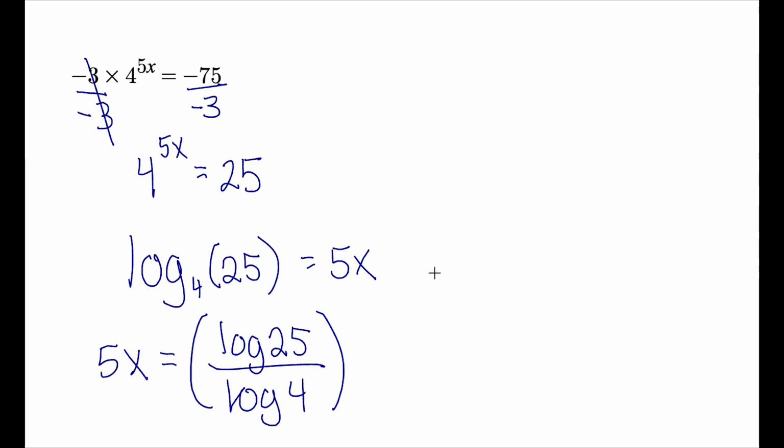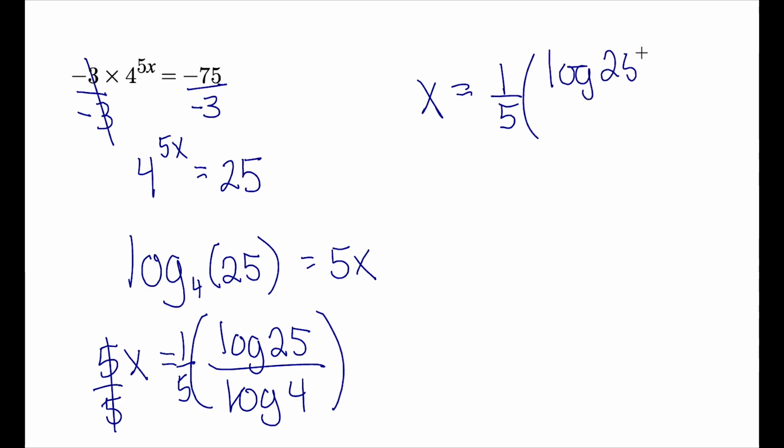Okay, my x is still not by itself or isolated, so we have to divide by 5 on both sides, which is the same thing as multiplying by 1/5. So the exact answer would be 1/5 times log 25 over log 4.